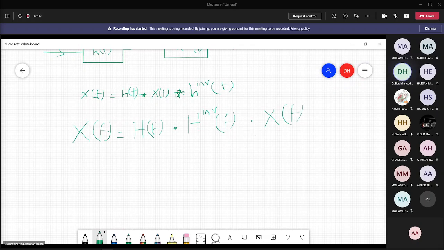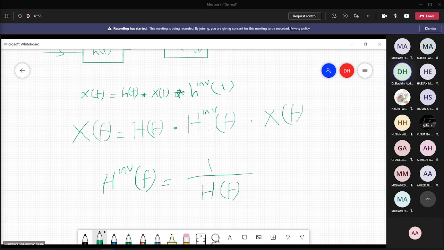So the multiplication of these two is equal to 1. X(f) divided by X(f) equals 1. So then H inverse(f) is just equal to 1 divided by H(f). So it is very easy to find H inverse(f) here.